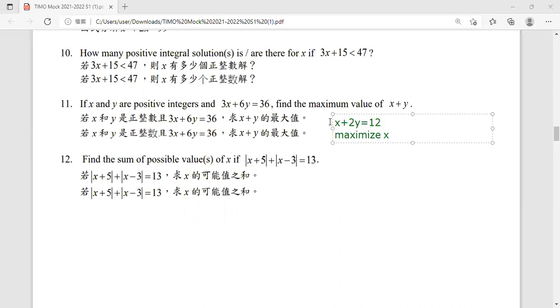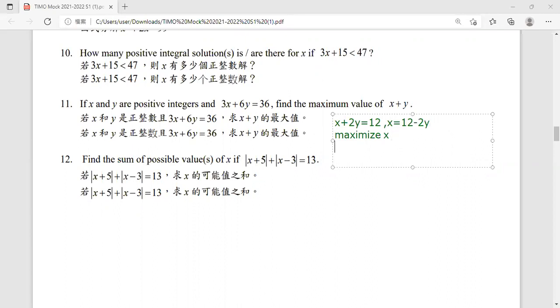Now let's see why. I changed this to x equals 12 minus 2y.